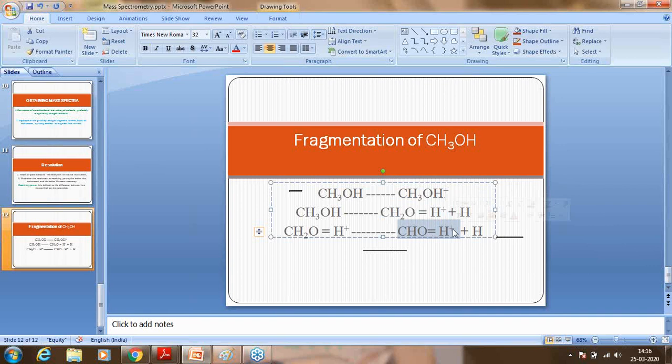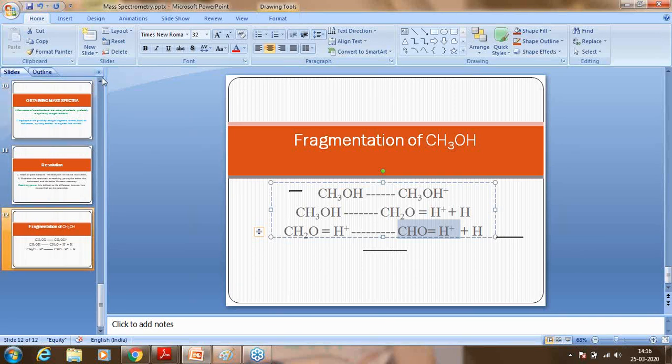These charged fragments will go to the mass analyzer, which will determine the mass upon charge ratio of the fragments as well as their abundance, and on that basis we will get information about the structure of the compound present in the sample.